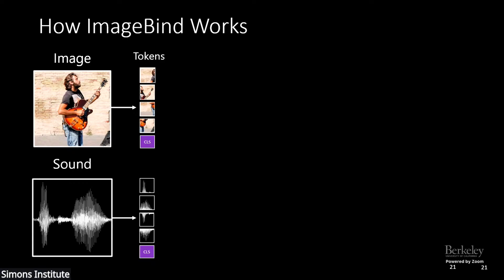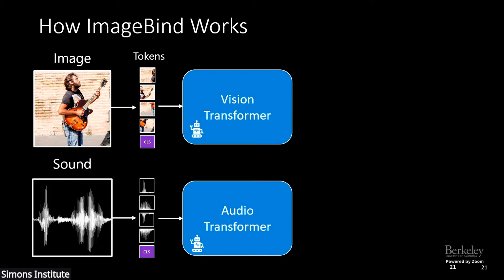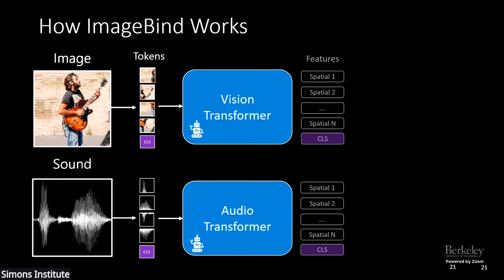This token is going to have some global context that's going to be learned about the individual clip or piece of sound. And you pass these through these big transformer type models, one for the vision branch and one for the audio branch. And you get these features out at the end of the day, one for each one of the tokens that you pass in. So you've got some spatial tokens, and you've also got this class feature that holds the global state.